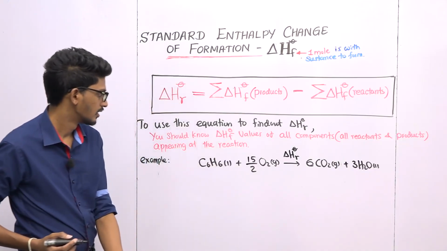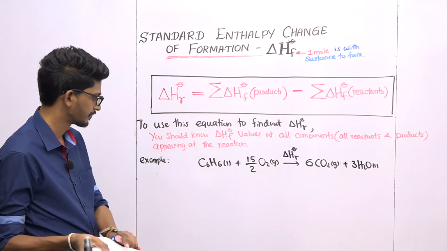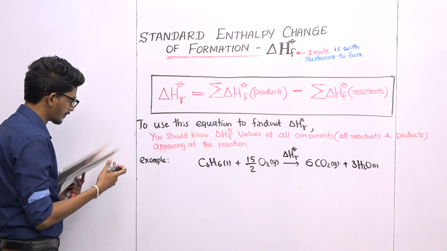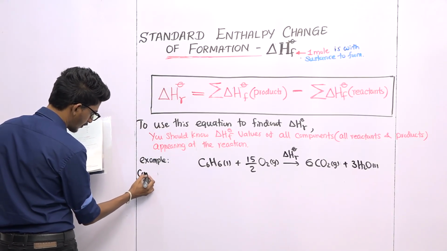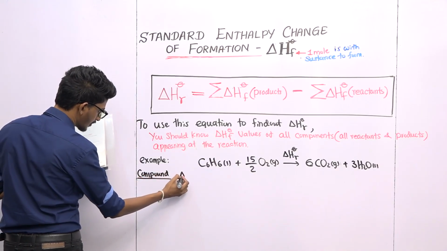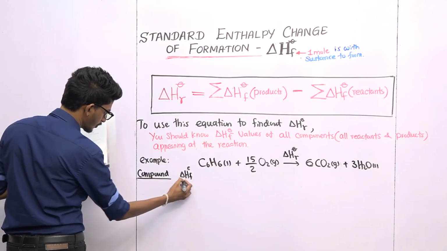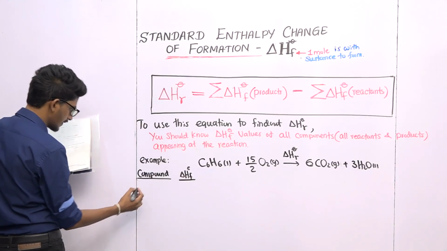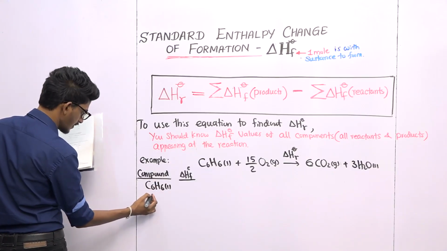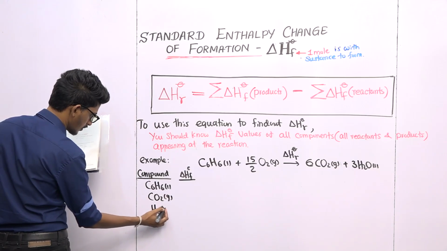Some data are also given. The compounds and some delta H naught F values are given in kilojoules per mole: C6H6 liquid, CO2 gas and H2O liquid.